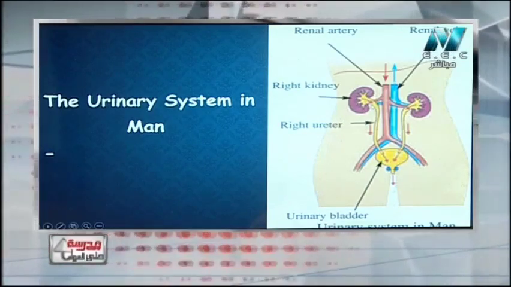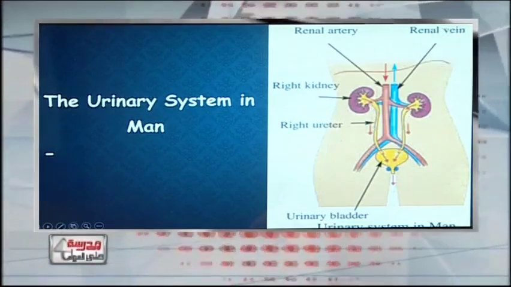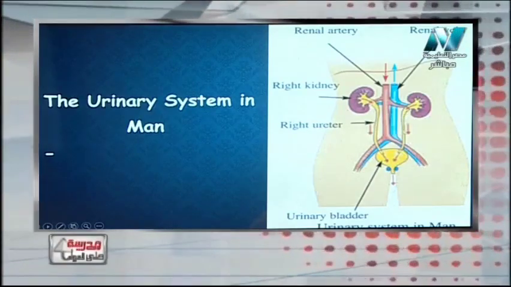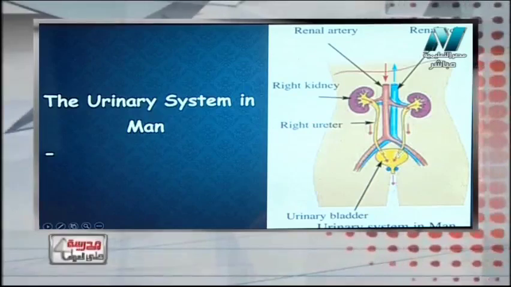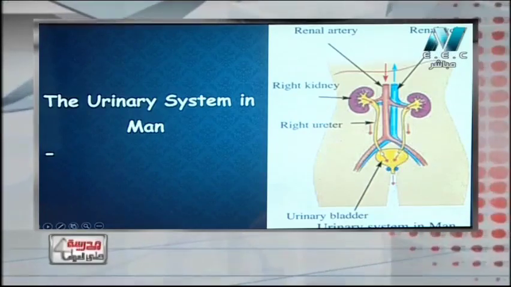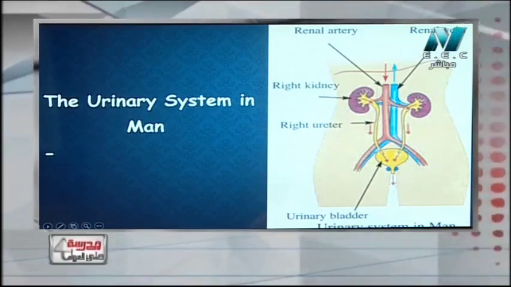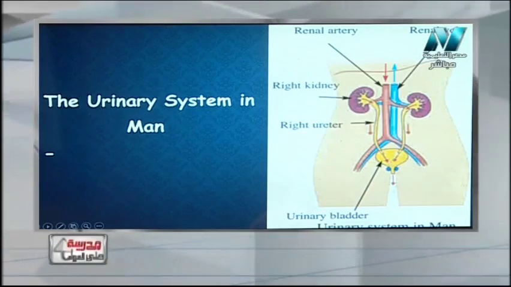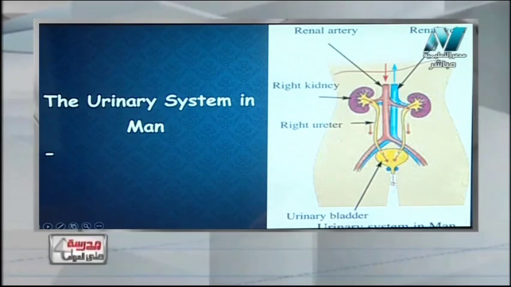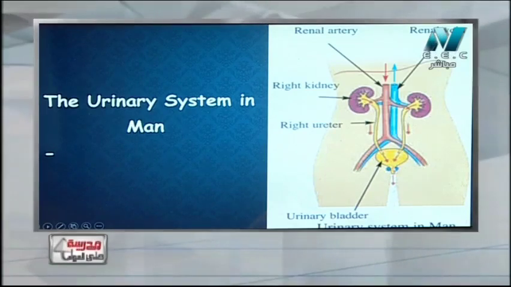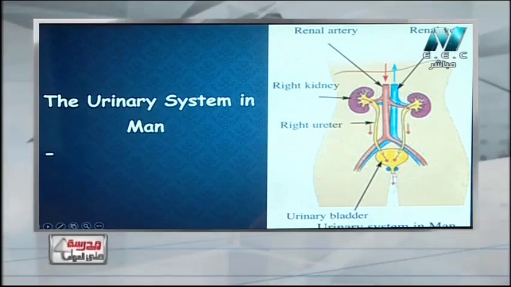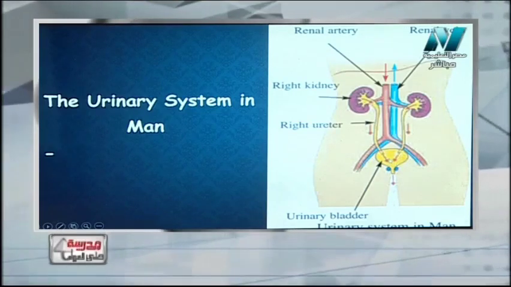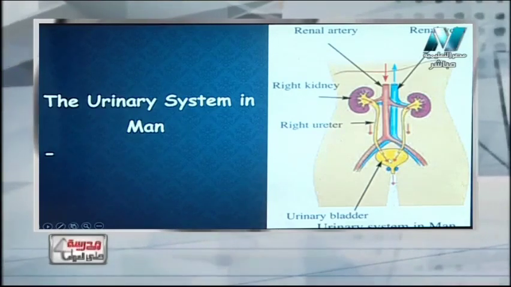So we have from each kidney a ureter, right ureter and left ureter. The ureters pour the urine into the urinary bladder, which is a wide sac that collects the urine until it is expelled out of the body through the urethra and sphincter muscle, which stores the urine for a while.